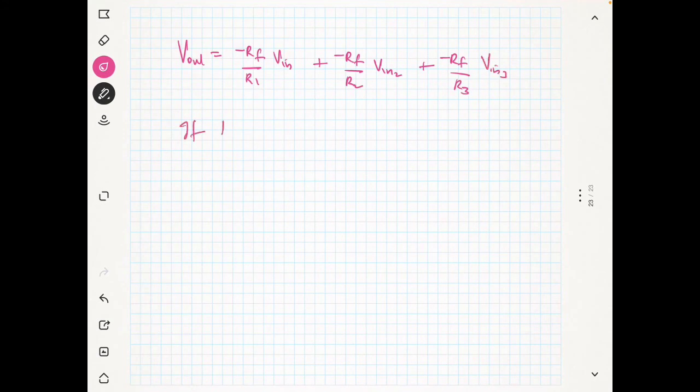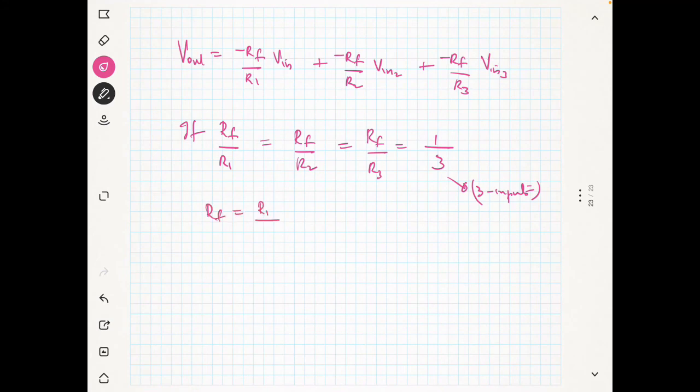So if Rf by R1 equal to Rf by R2 equal to Rf by R3 equal to 1 by 3 for this example, because there are three inputs, then I can choose my Rf equal to R1 by 3, which is equal to R2 by 3, which is equal to R3 by 3. That means everything is equal.